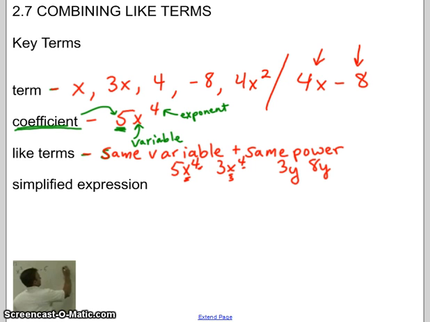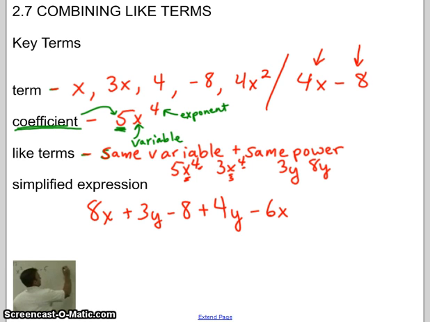Simplified expression. A simplified expression is when all your terms are as small as they could get. So if we have an expression that's 8x plus 3y minus 8 plus 4y minus 6x, what we want is to simplify this expression as best as we can, condense it a little bit.